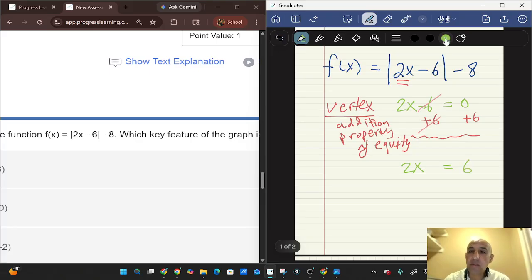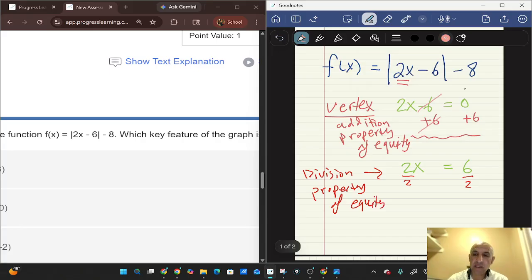The next step is dividing by 2 and dividing by 2. And actually, we call this property here the division property of equality.